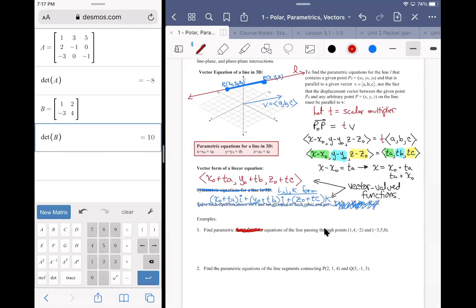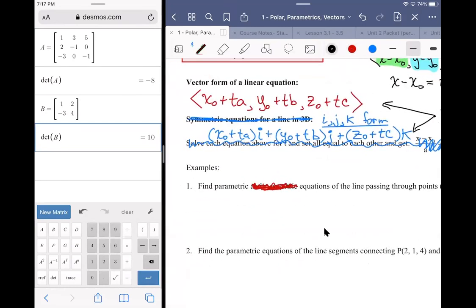So I really need two pieces of information. I need x sub o, y sub o, z sub o. That's one piece of information, which corresponds to some point that we know is on the line that we call p sub o. Then I need what we call the parallel vector, vector v, which has components a, b, and c.